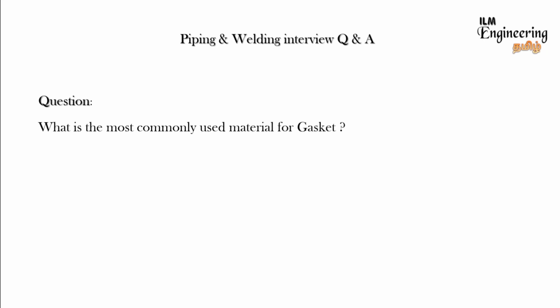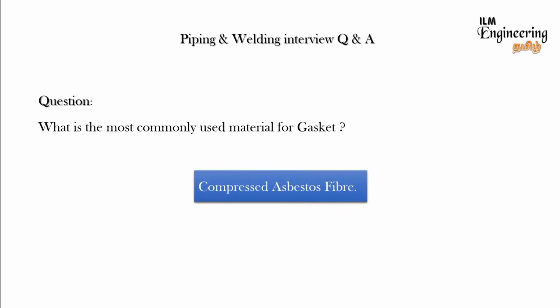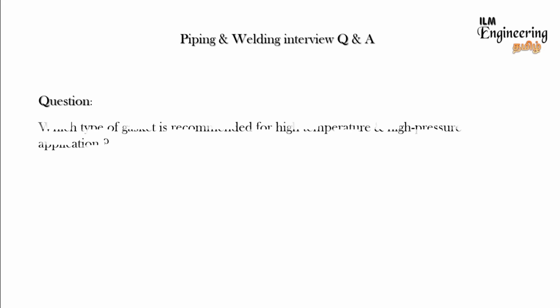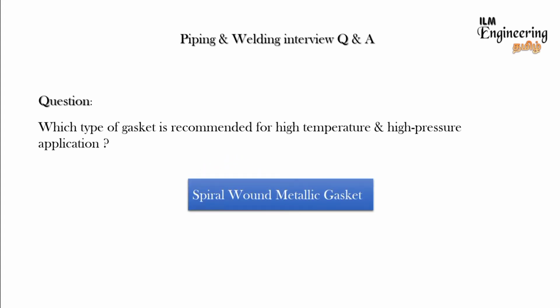What is the most commonly used material for gasket? Compressed asbestos fiber. Which type of gasket is recommended for high temperature and high pressure application? Spiral wound metallic gasket.